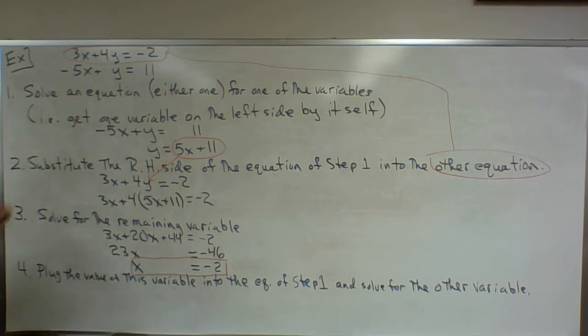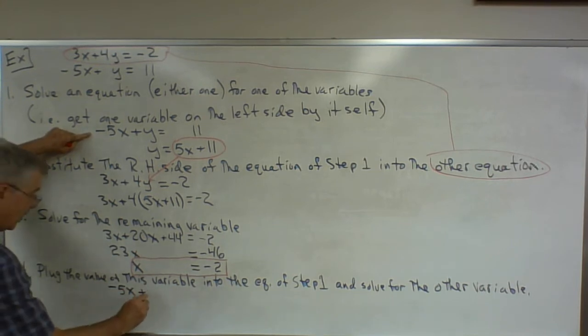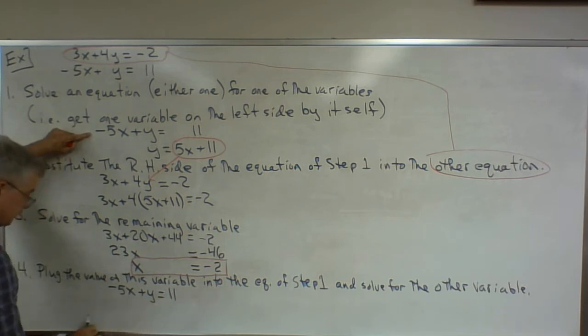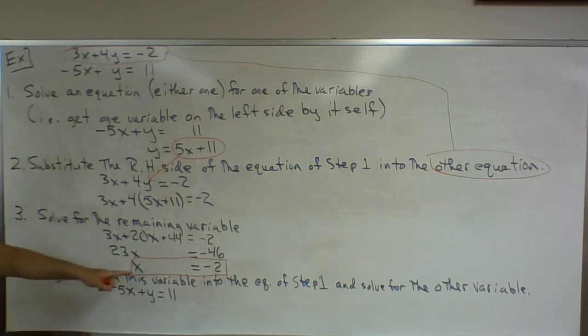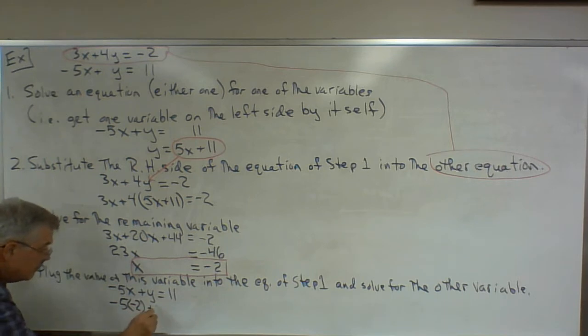The equation of step 1, that's negative 5x plus y equals 11. And I'm going to take negative 2 and plug that in for x. So that'll give me negative 5 times negative 2 plus y equals 11.